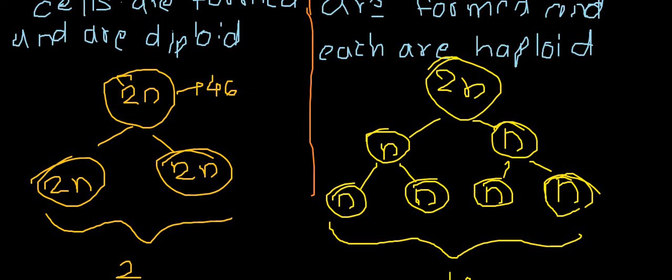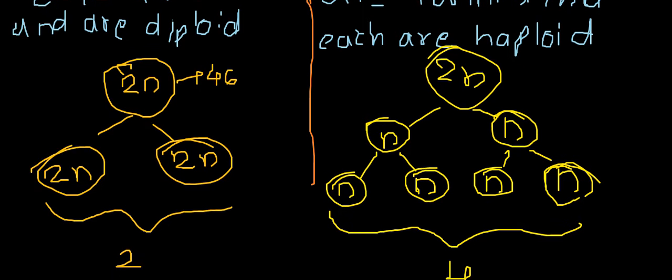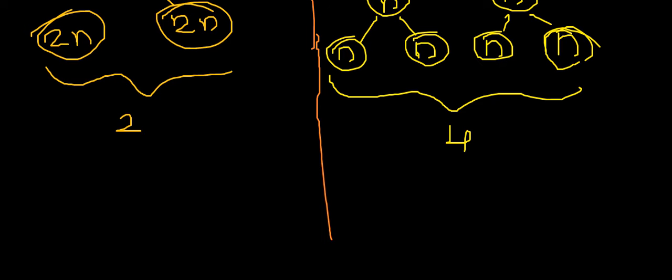Now another difference is, actually all the differences are important, the cells formed in mitosis are exactly identical.